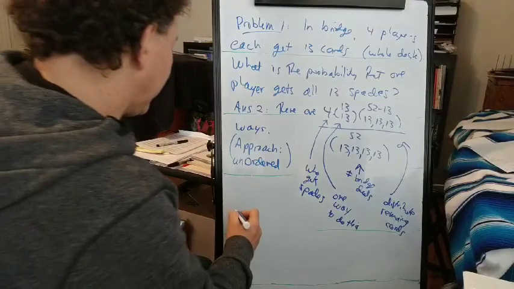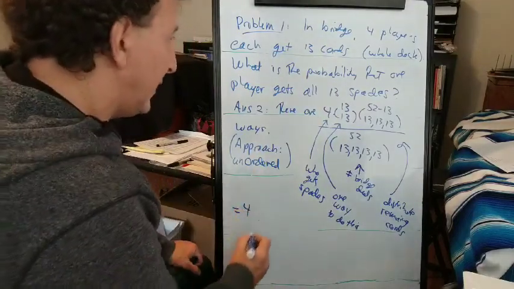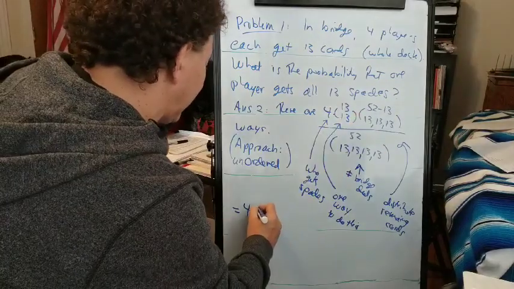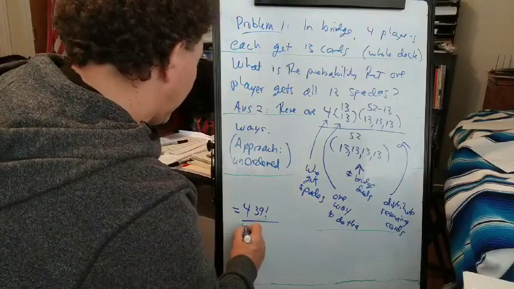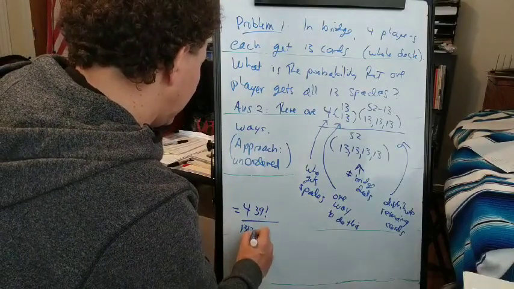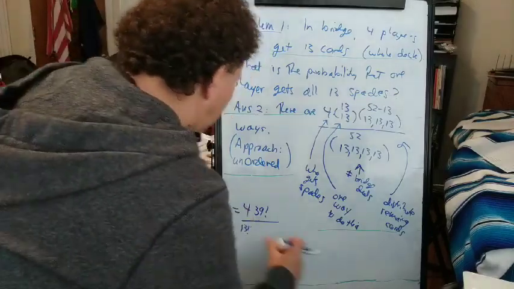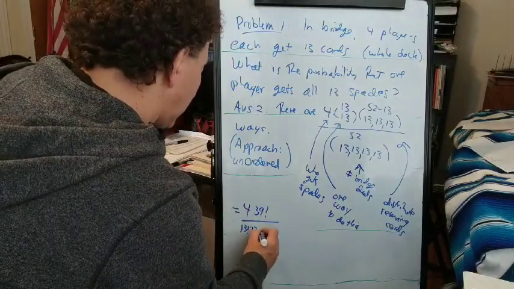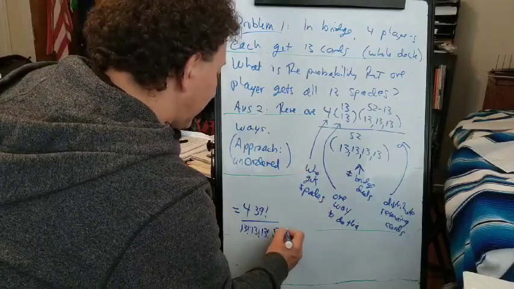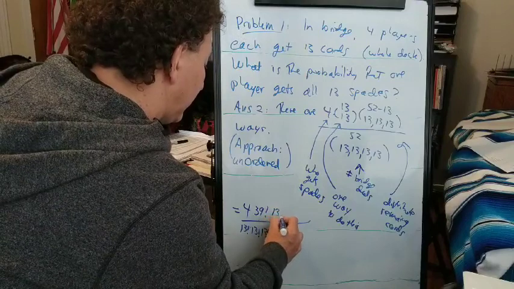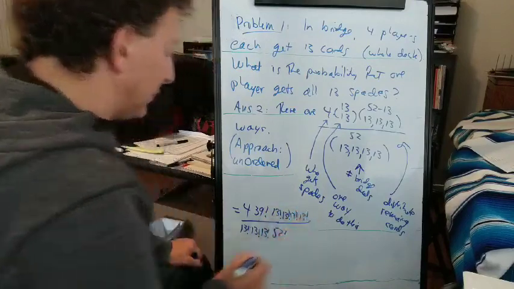So this equals 4, I'll drop the 13 choose 13, which is 1, times 39 factorial over 13 factorial, 13 factorial, 13 factorial, divided by 52 factorial over 13 factorial, 13 factorial, 13 factorial, 13 factorial.